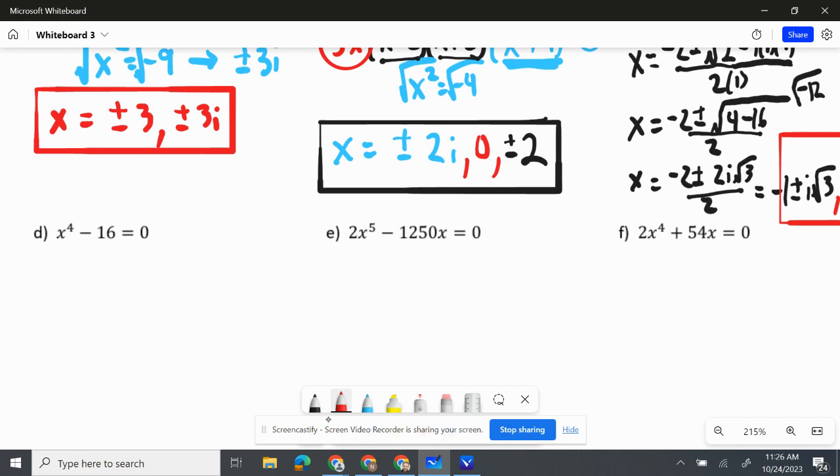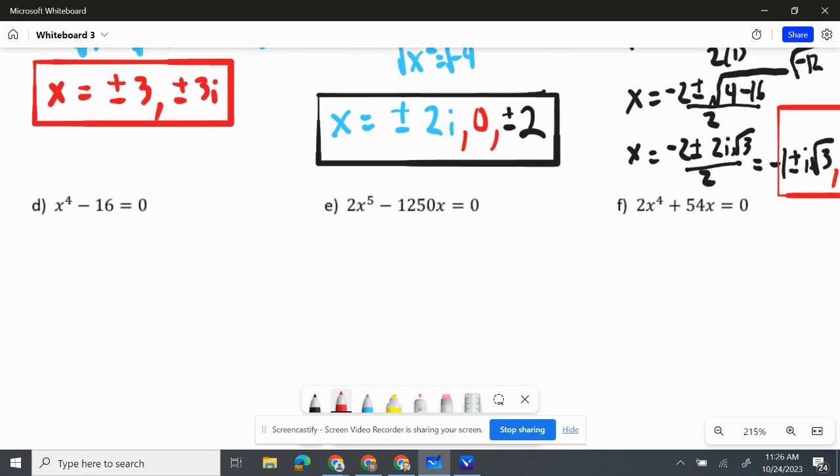Okay, if we're looking at letter D, what we're going to do is we see 2 terms. We see that we could take the square root of each one. And this is going to look a little familiar. So x squared minus 4 and x squared plus 4 is equal to 0. We can factor the first one.